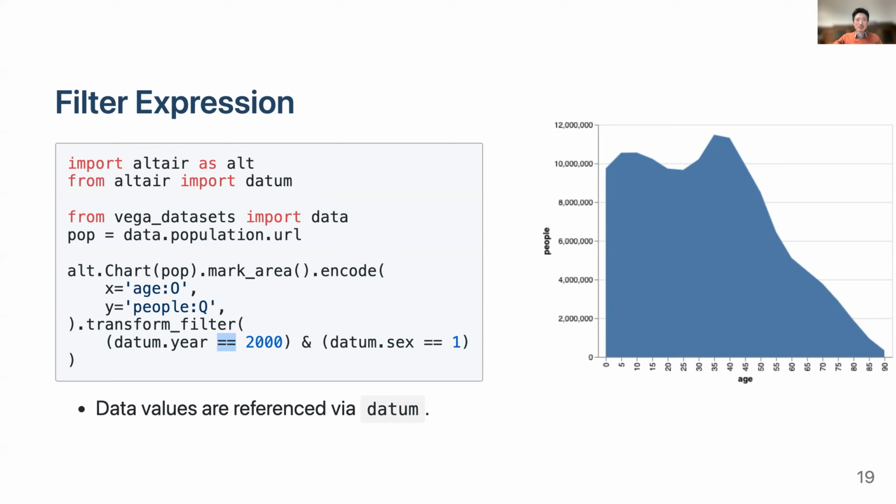This is something related to programming. Usually when you use a single one, what it does is just give the value on the right-hand side to the one on the left-hand side. It is not to test whether they are the same or not. And then you can have multiple conditions to filter. In this case, we're going to filter on both year and sex.